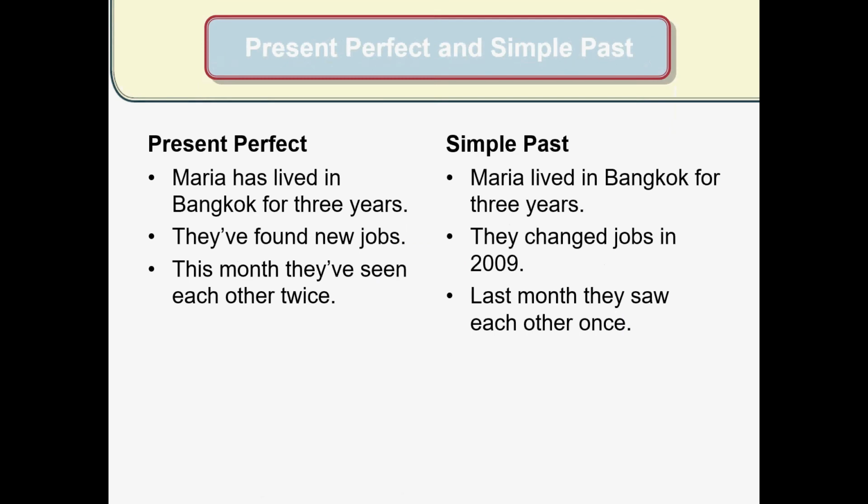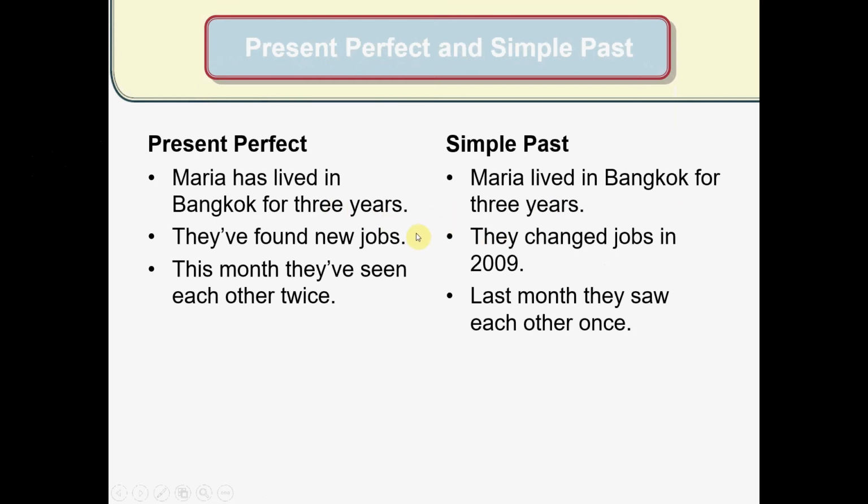Okay, let's take a look at these two sentences. Two types of sentences. Present perfect. Maria has lived in Bangkok for 3 years. Maria lived in Bangkok for 3 years. I want you to look at those two examples.